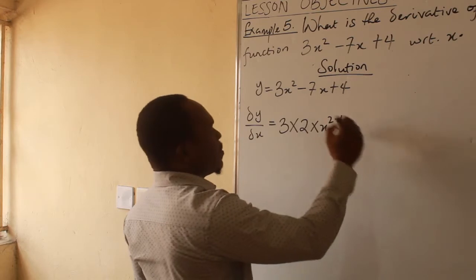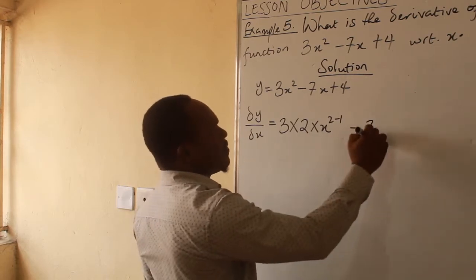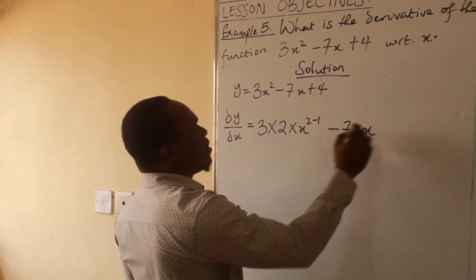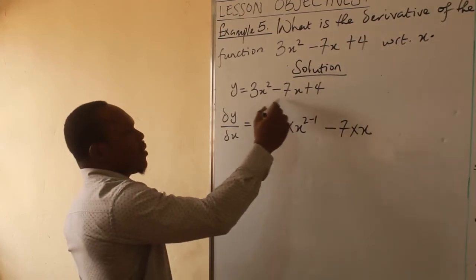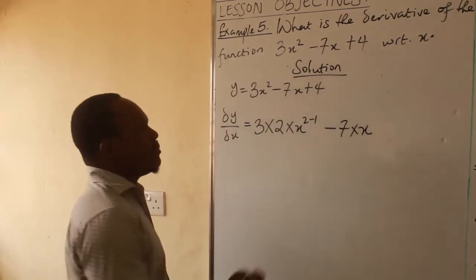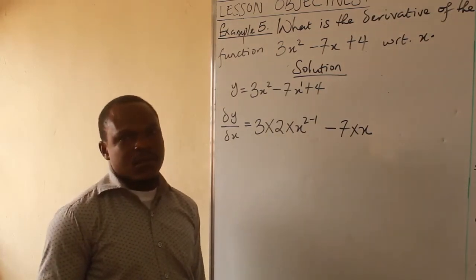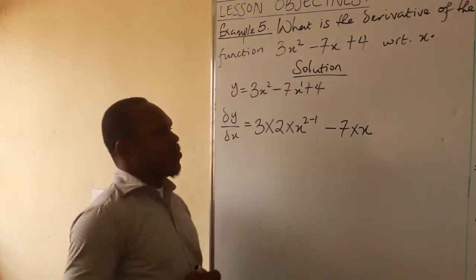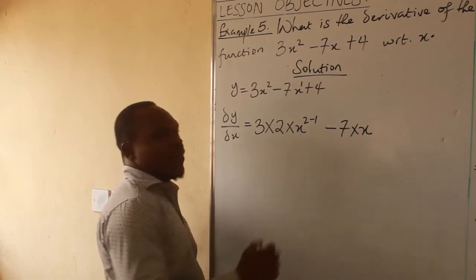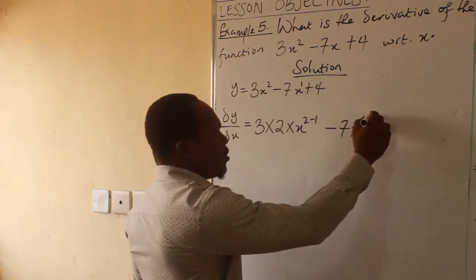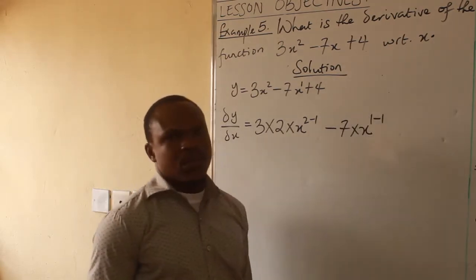Okay, we have minus 7 multiplied by x. Now if you observe here, when we have minus 7x, the power of x here is 1. Okay, if the power of x here is 1, then applying n minus 1, we have 1 minus 1.